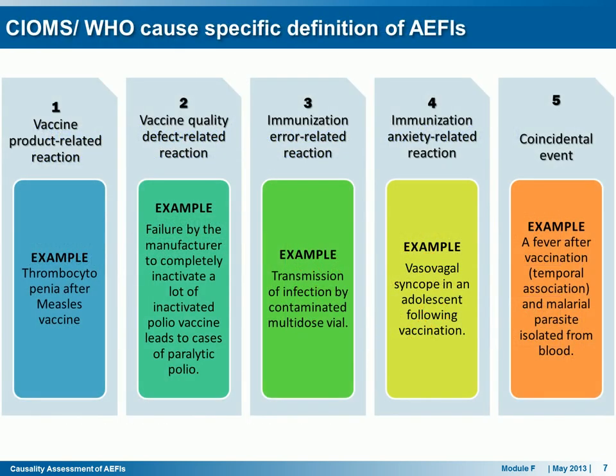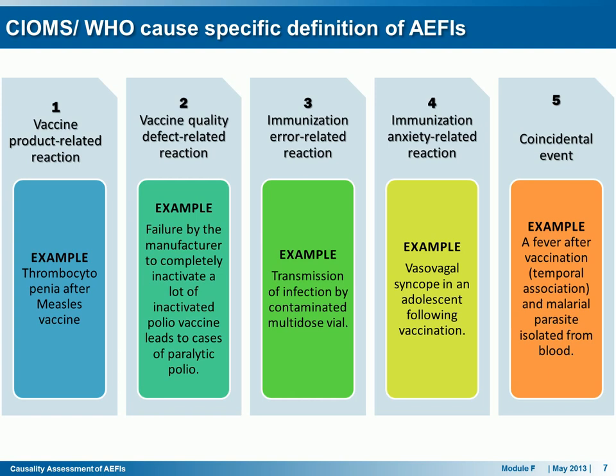The WHO and CIOMS have divided AEFI into 5 categories based on their causes. The first one is a vaccine product related reaction. A vaccine product related reaction is an AEFI which is caused or precipitated because of the inherent property of the vaccine product.